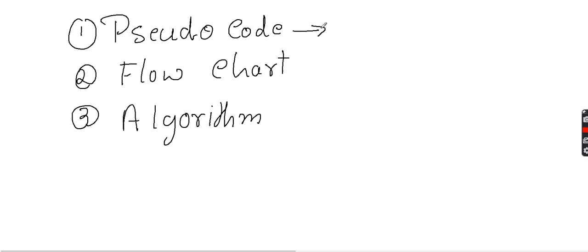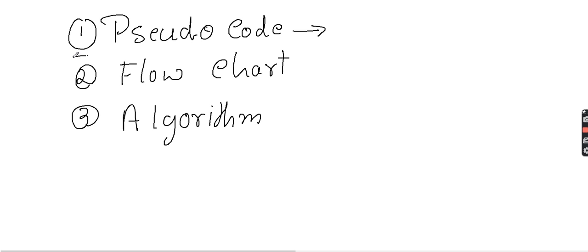Pseudocode is the first basic step where you use the English language. You don't use any structured procedure or rules to write this code. Whereas flowchart is a pictorial representation. Pictorial is nothing but a graphical representation. Algorithm is a step-by-step procedure to write down the solution.